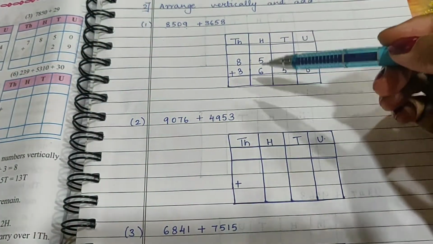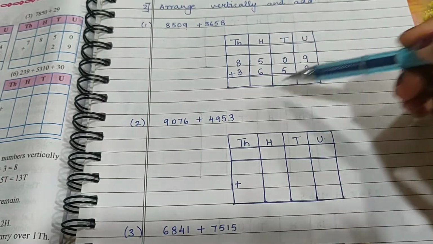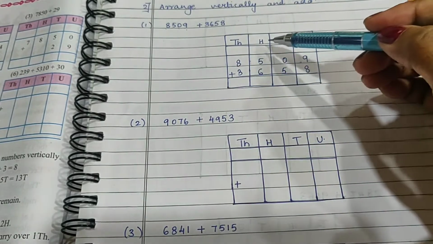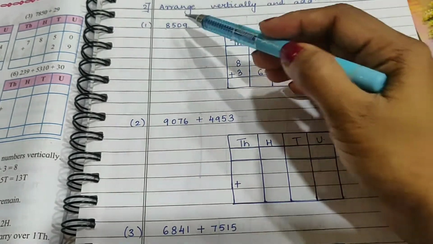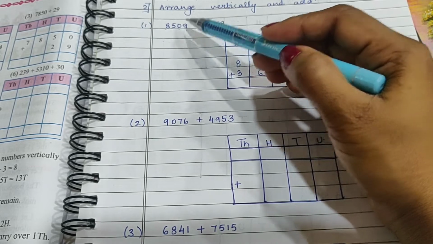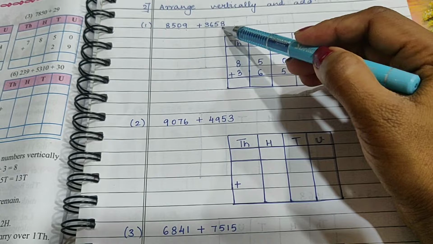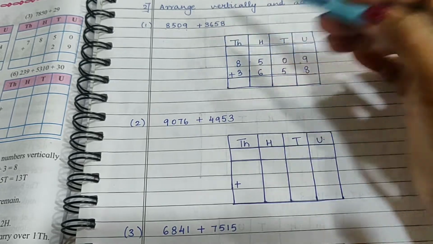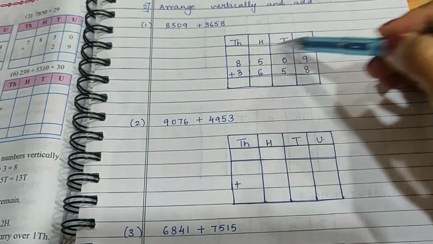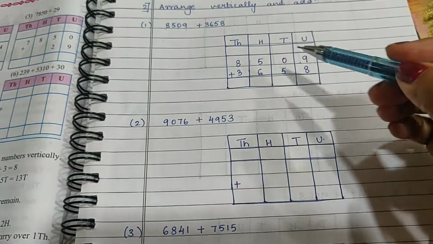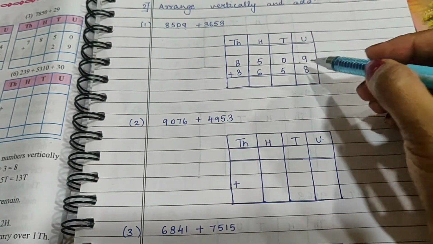So when you write in your maths notebook, arrange them, make blocks and write. This is a 4-digit number. So unit, tens, hundred, thousand. Even this has unit, tens, hundred, thousand. So you will make this way. And then you will do simple addition.